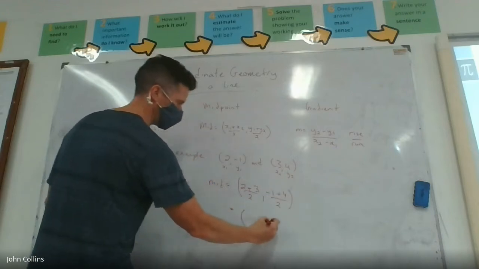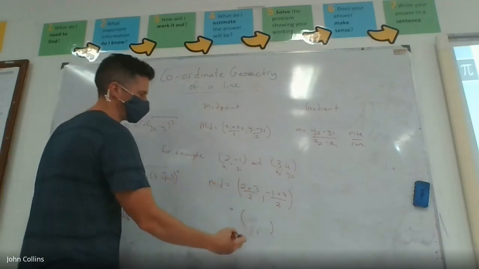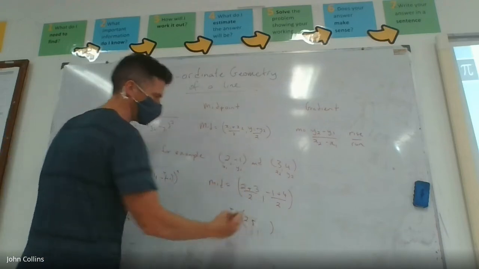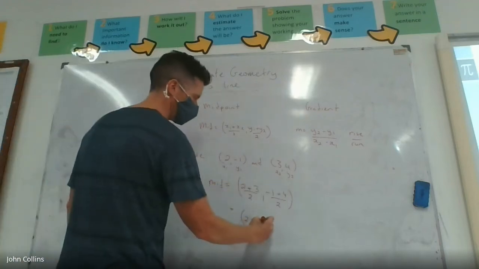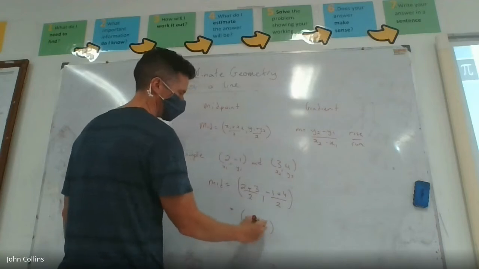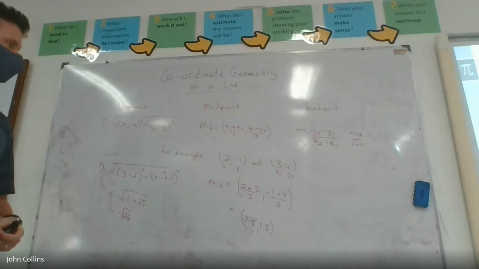And my answer should be a point here because it's midpoint. 2 plus 3 is 5. 5 divided by 2 is 2.5, or you can leave it as 5 over 2. Minus 1 plus 4 is 3. 3 divided by 2 is 1.5. Let's keep the decimals. 1.5 for that one. Or you can leave it as a fraction, that's fine.